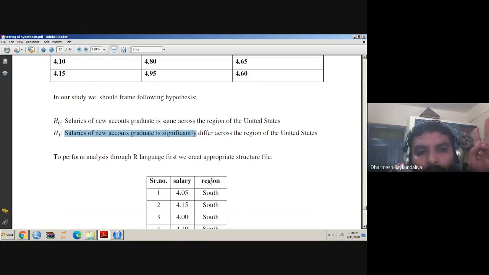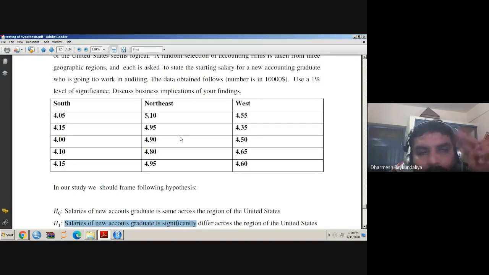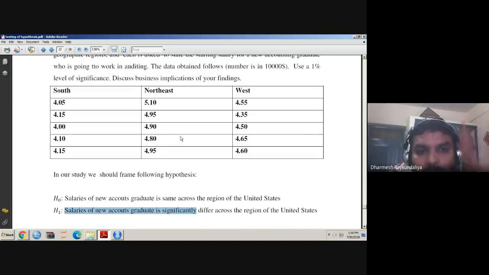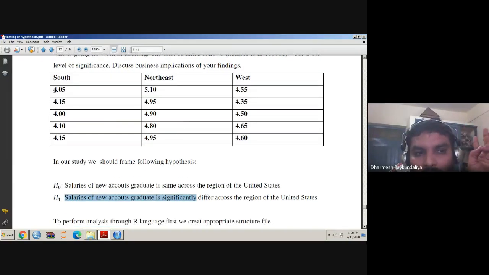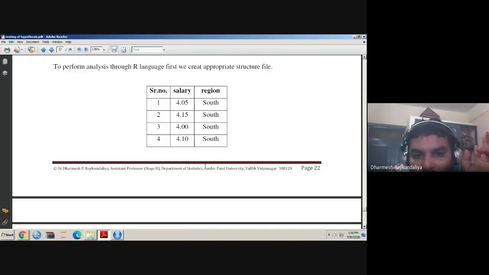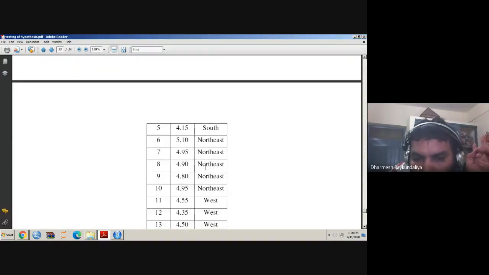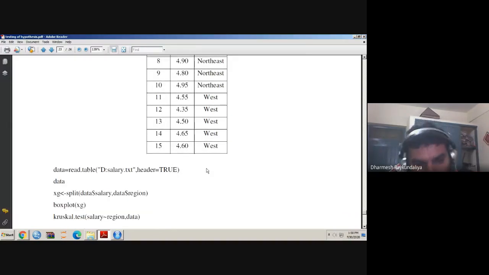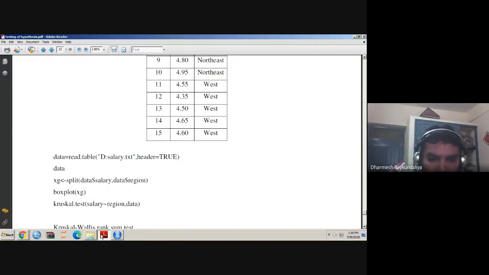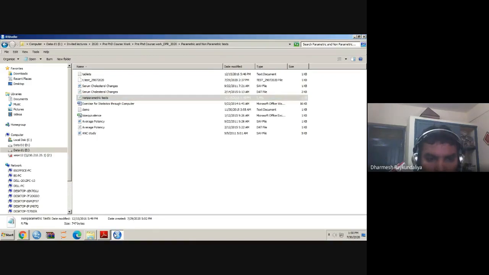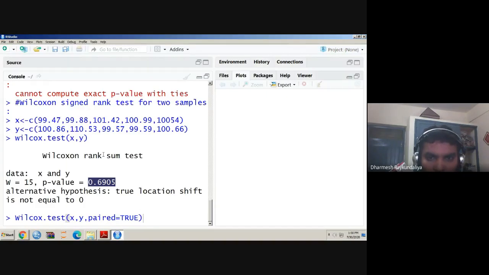So we cannot enter the data like this into R when you are doing analysis of variance or the Kruskal-Wallis test. You require two columns: this column is the salary and this column is the region. That is how the two columns are generated, and that data I have given in the data file of salary.